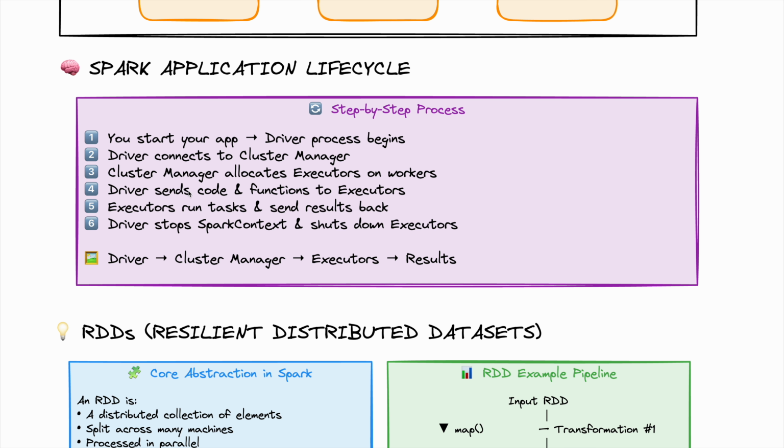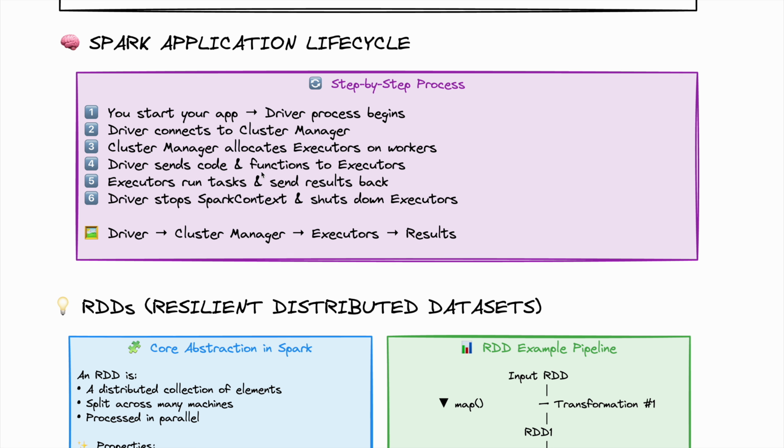Then the driver sends the code function to the executors, and basically the driver starts to coordinate the work. Executors run the tasks. Executors don't have any function other than running the specific task, and they send the result back. After that, the driver stops the Spark context and shuts down the executors.